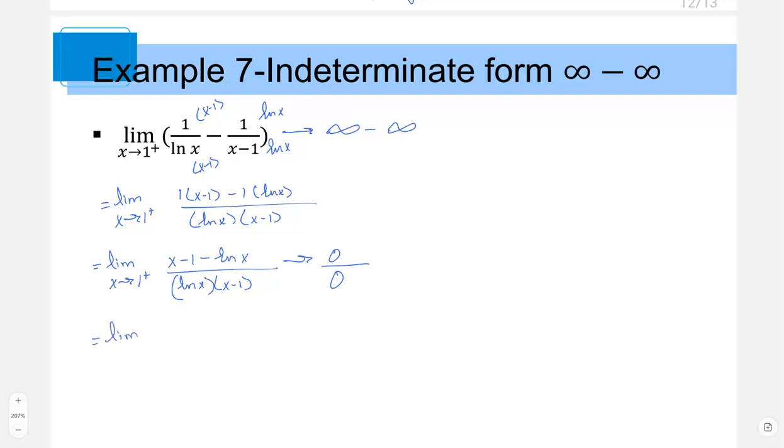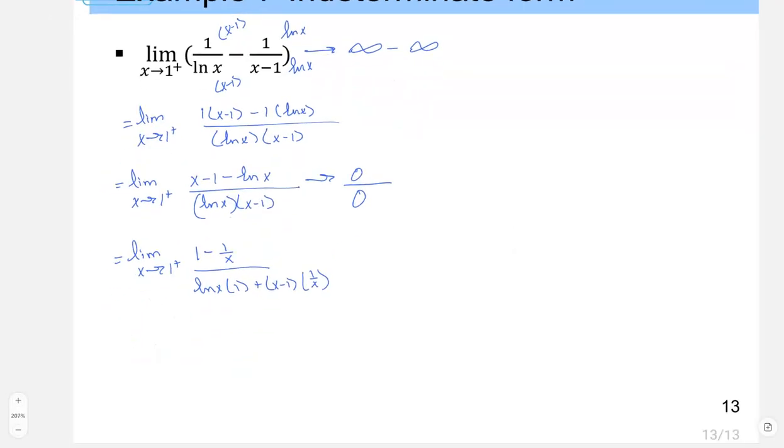So let's use L'Hopital's. I'm going to take the derivative of the top. We'll take the derivative of the bottom, which is going to be a product rule. So first, derivative of the second plus second derivative of the first. Let's clean this up.